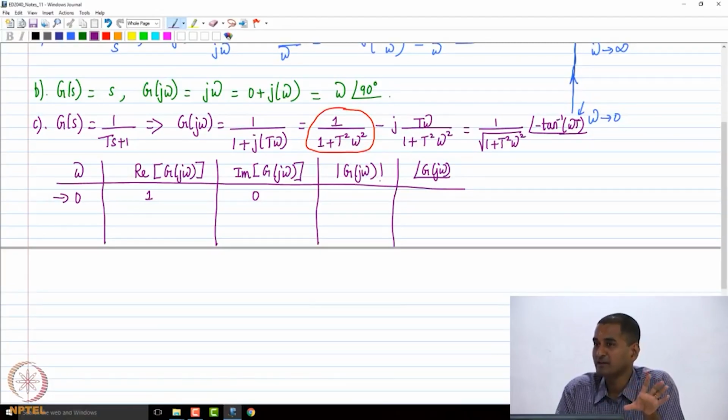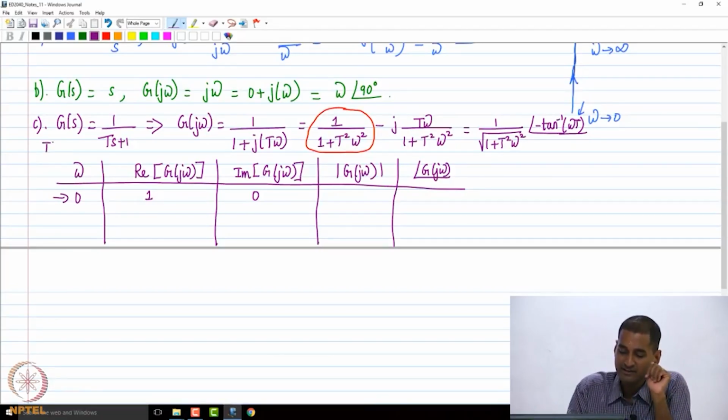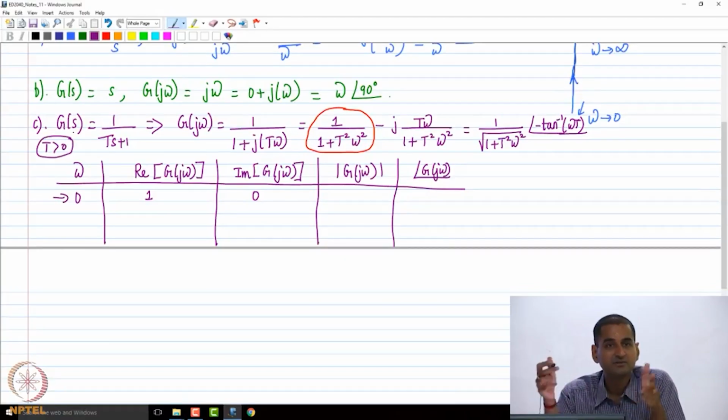So, in the complex plane, in which quadrant is this Nyquist plot going to lie? You can see that for all omega between 0 and infinity, because capital T we take to be greater than 0 for this discussion, you can immediately observe that the real part is always non-negative, and the imaginary part is always non-positive.